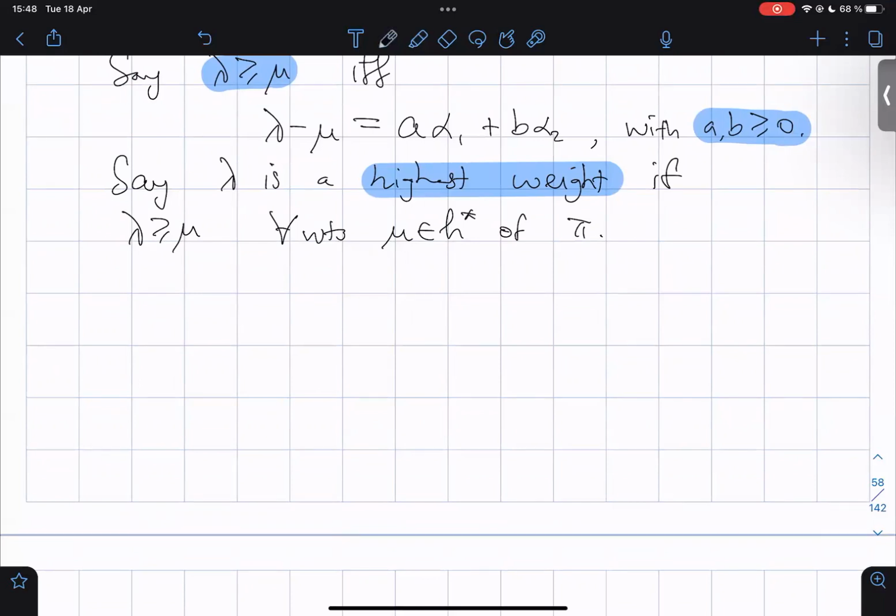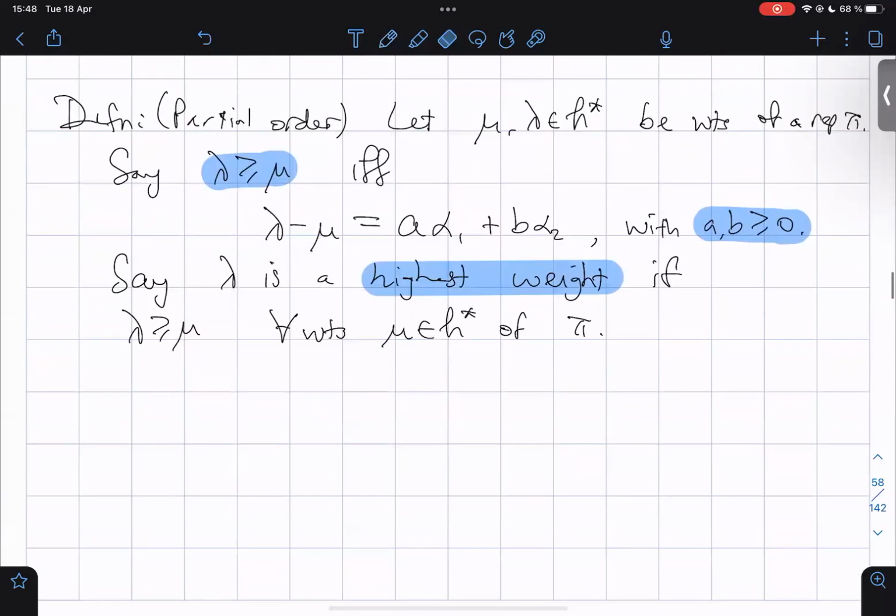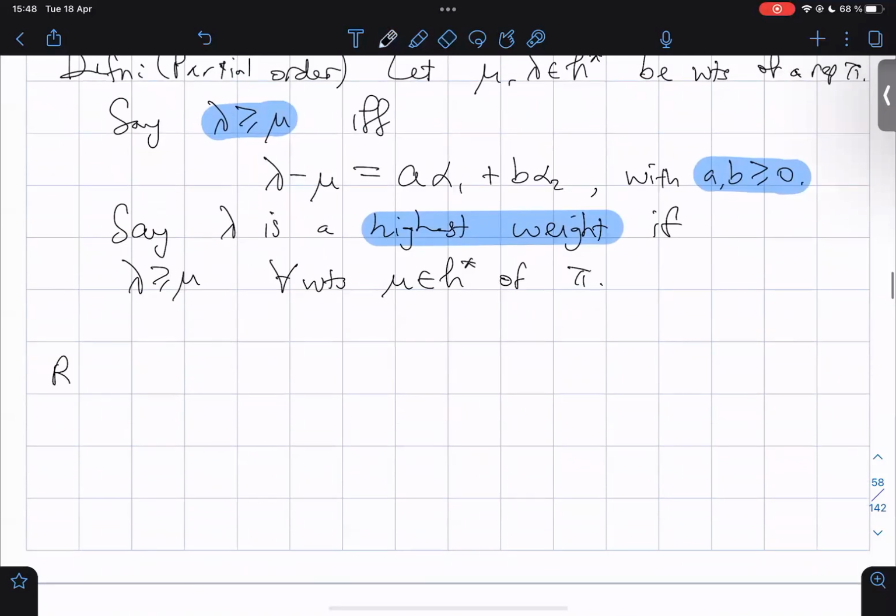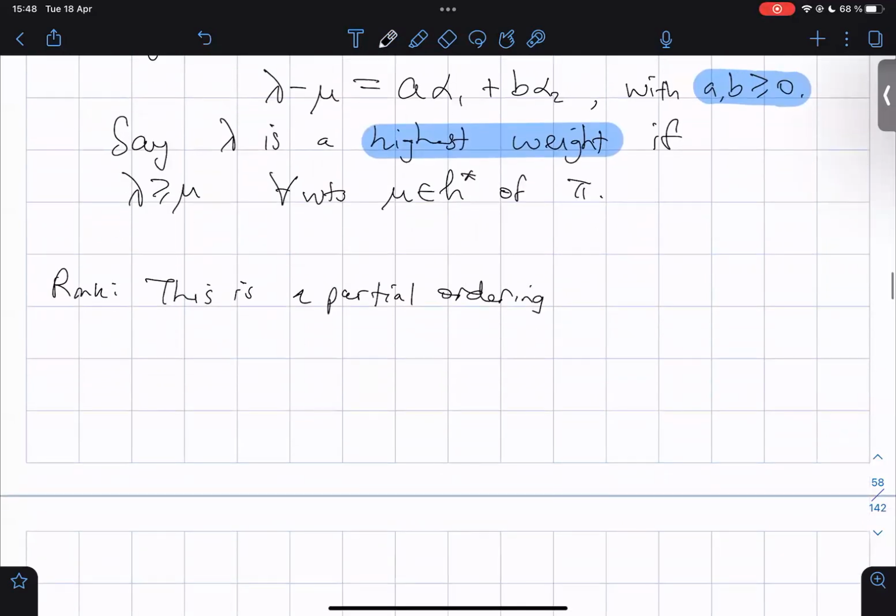Okay, so remark, as I was saying, this is a partial ordering. So not a total ordering. Not all elements are comparable.